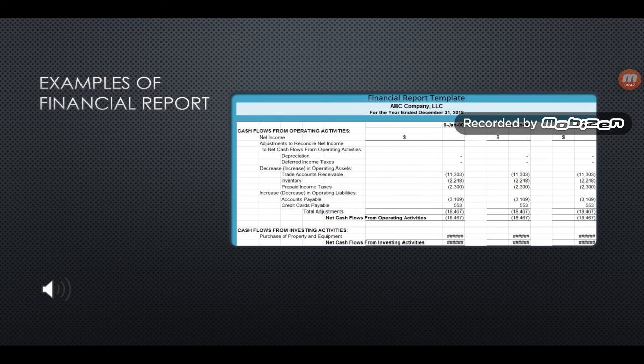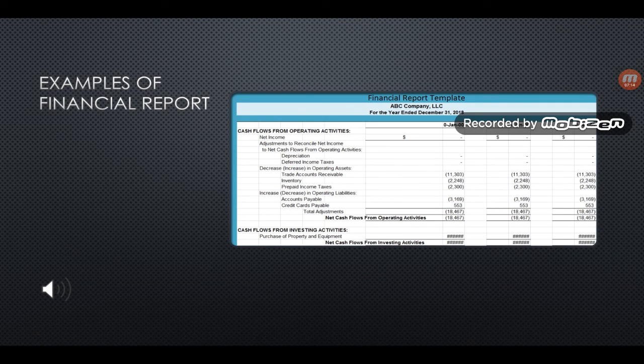Another thing a financial report shows is the cash flows from investing activities, such as the purchase of property and equipment. So what is the company doing with the actual cash it's making? Is it buying more equipment to raise the capital of the company? Is it paying off its expenses, such as wages, equipment, and repair expenses?